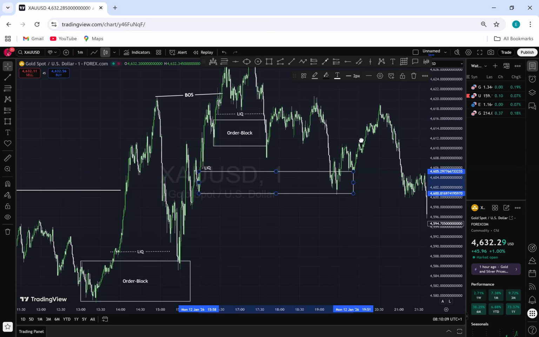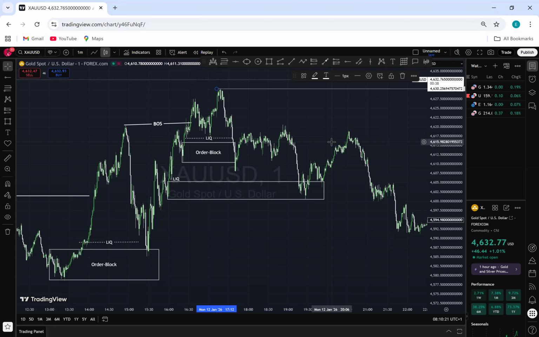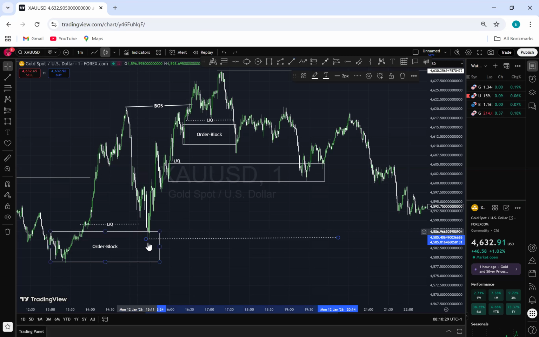Henry, if you remember, this was the trade we took the night before we left there. Yes, sir, I could remember. We're expecting it to take out this high, but it did not. Rather, it took out this guy now, because this is the start of this move that broke the structure.